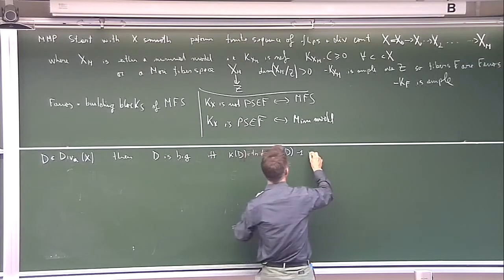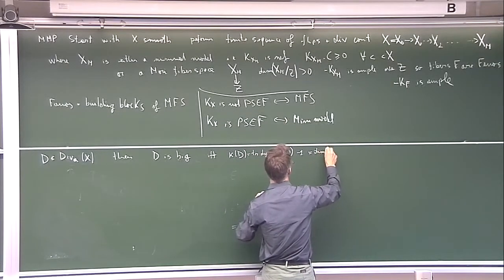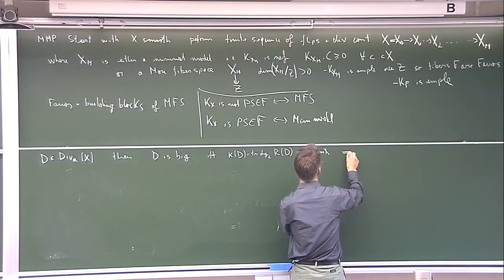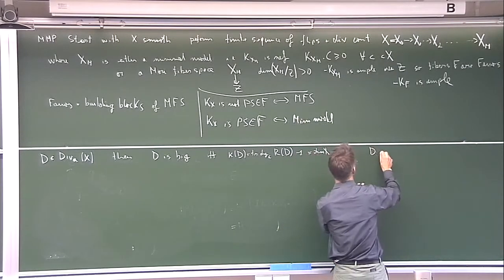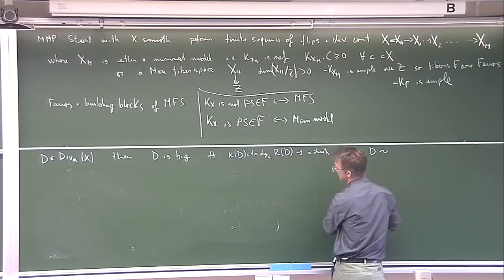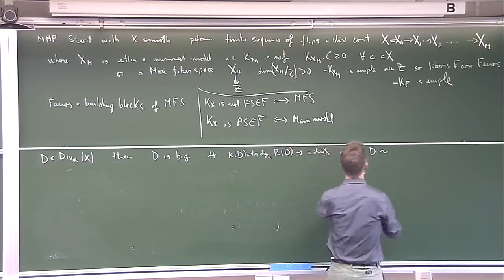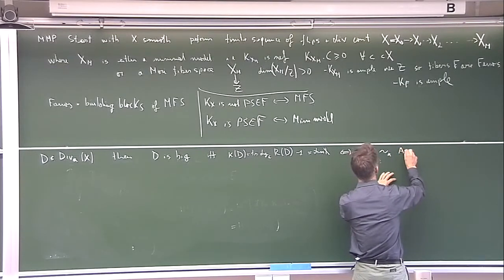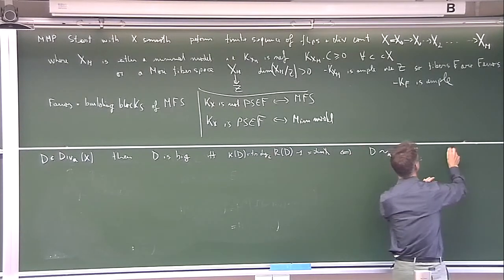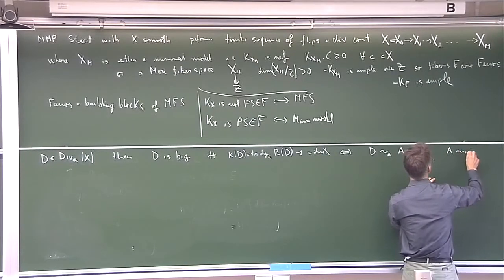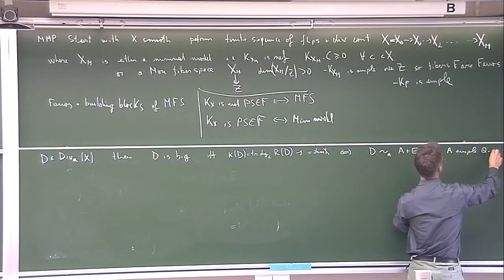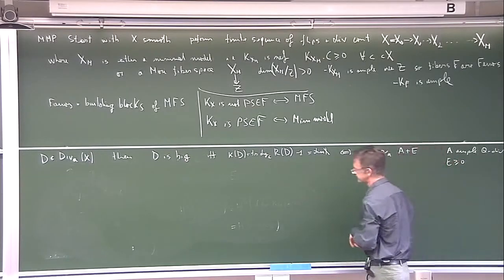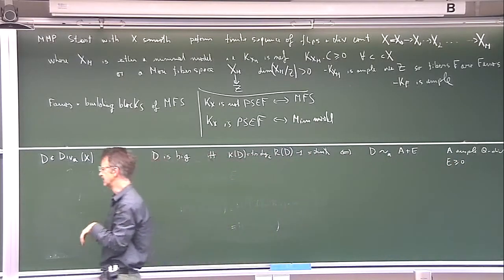So if this is maximal, it's equal to the dimension of X. This is also equivalent to saying that we can write this divisor, let me assume that it's a Q-divisor, as being Q-linearly equivalent to an ample divisor plus an effective divisor. So A is an ample Q-divisor, and E is an effective Q-divisor. So that's what a big divisor is.